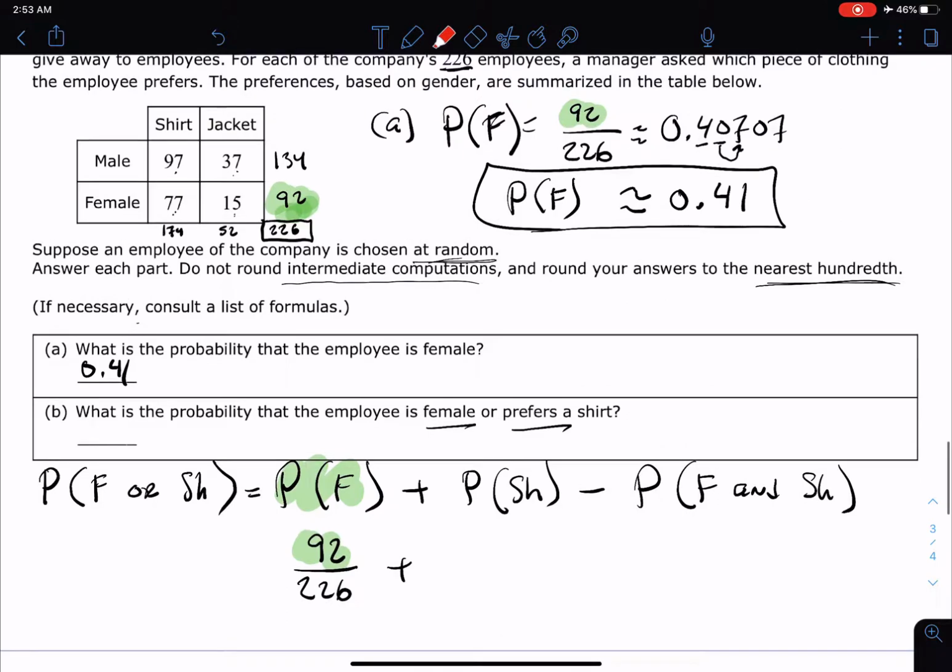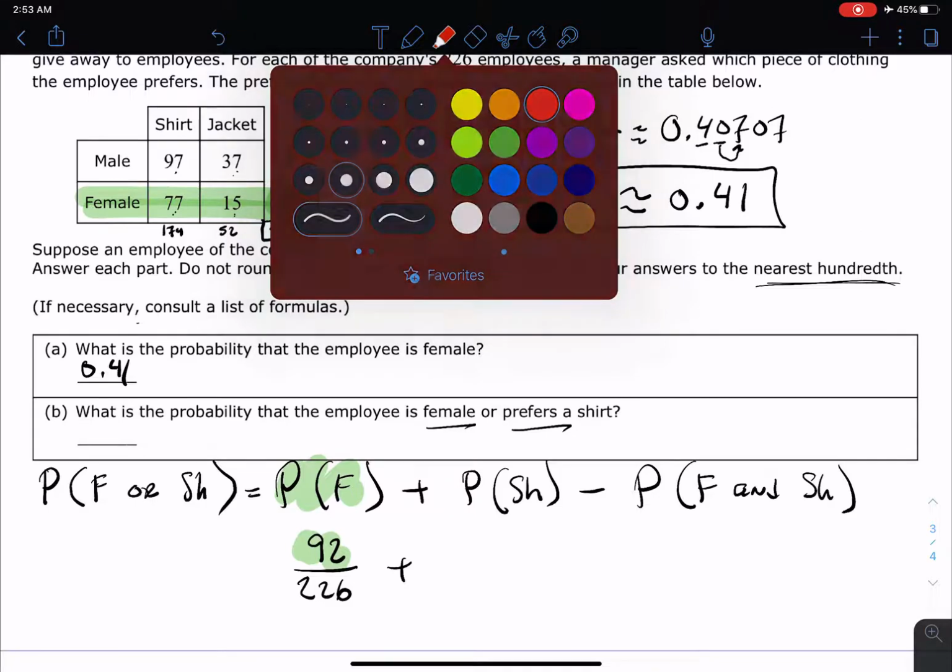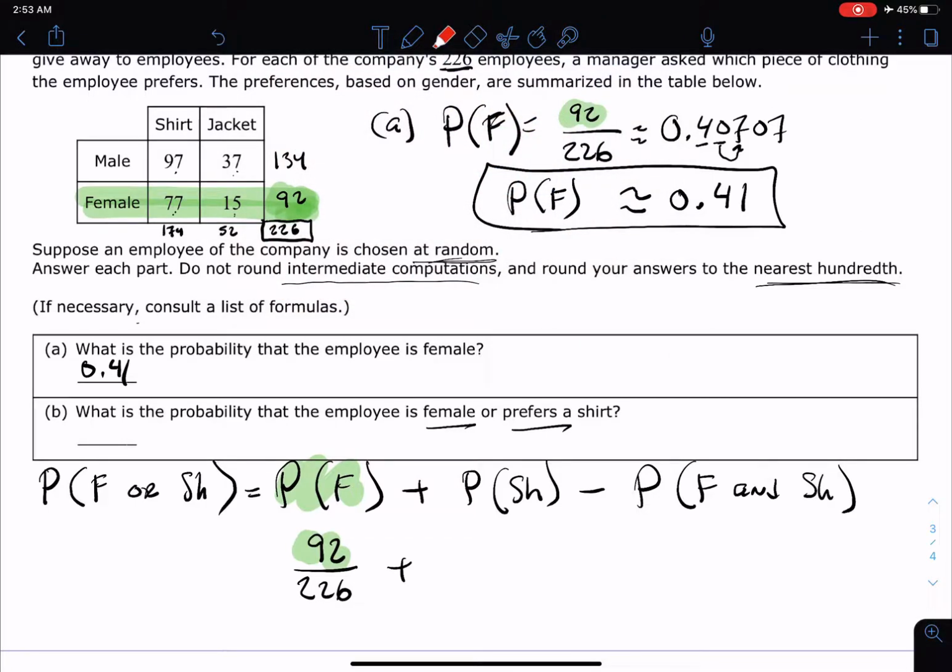And where's the people that, oh, you know what? I needed to do this so you can see if there is overlap happening, because I'm a teacher and I like to try to teach things. So anyways, probability of a shirt, well, the people that have shirts are these people right here. How many people had shirts? Well, that's the event.